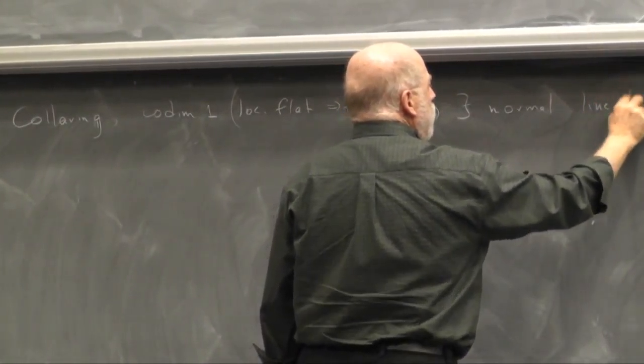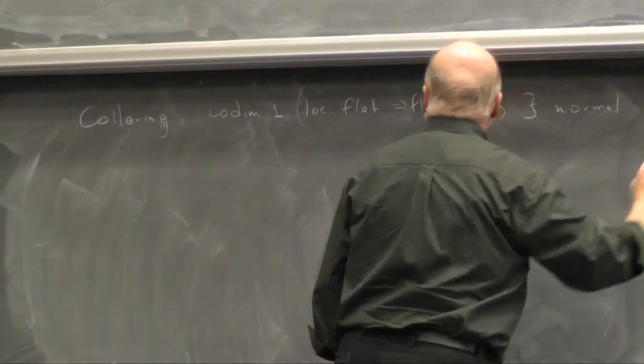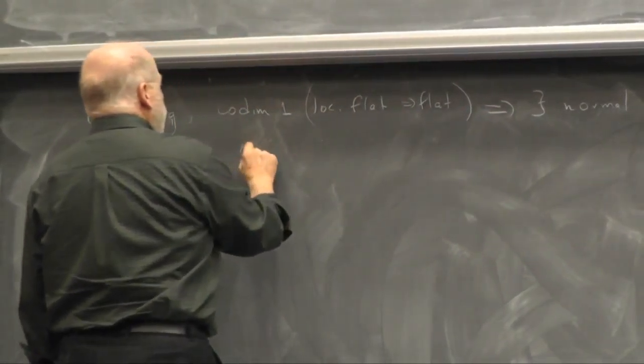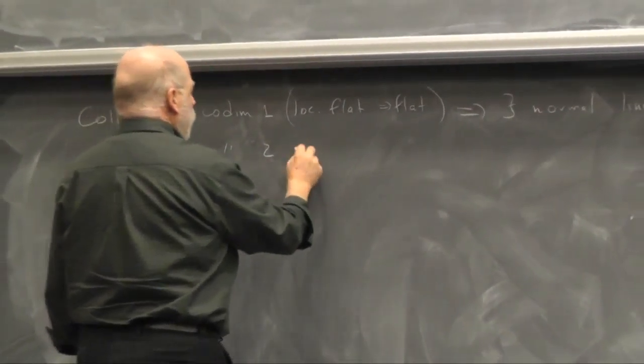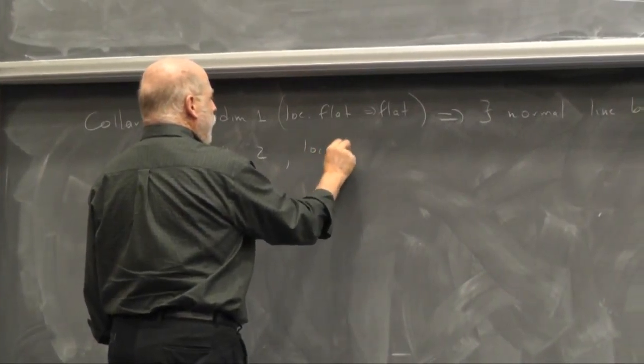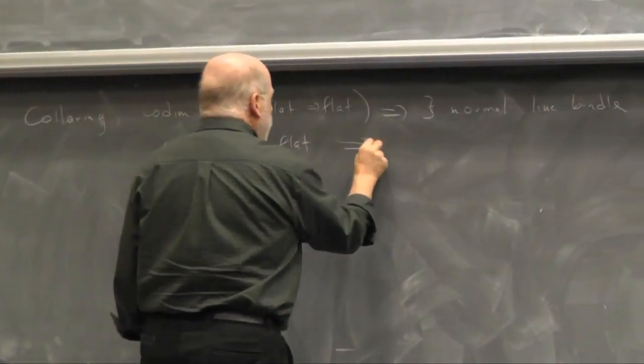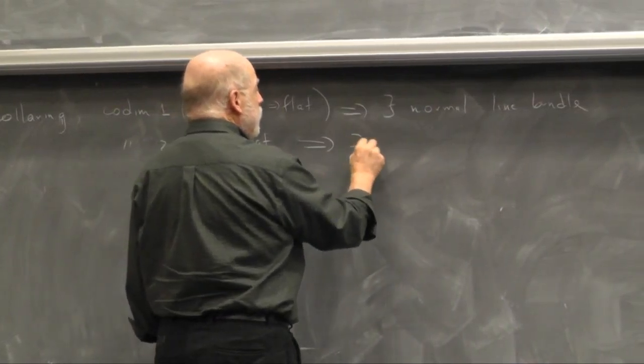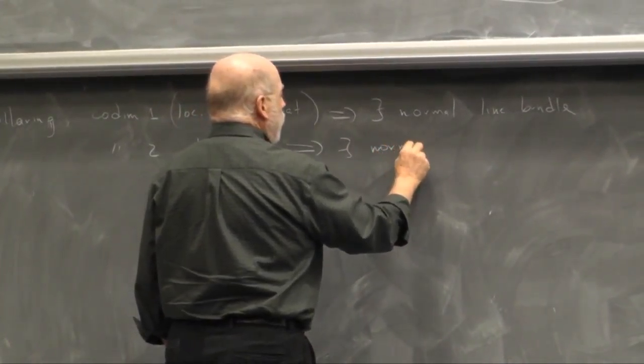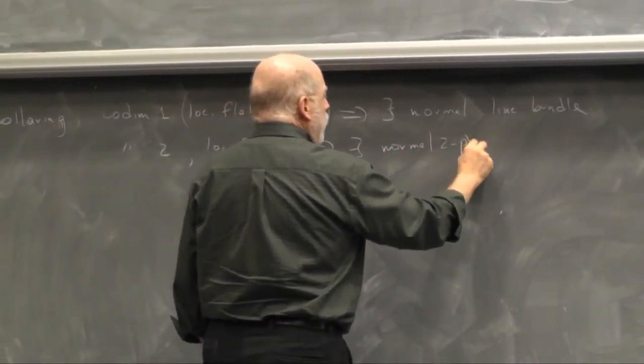In codimension 2, locally flat implies in all dimensions that there exists a normal two-plane bundle.